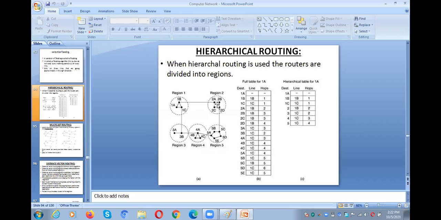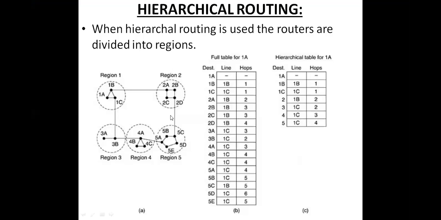And 1A to 2A, maybe via 1B. What is the hop count from 1A to 2A? Follow the cursor. 1A to 1B is 1 hop, 1B to 2A is 1 hop. Total 2 hops. So to move from 1A to 2A via 1B, the number of hops is 2.